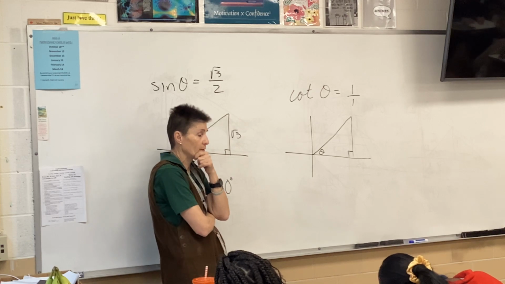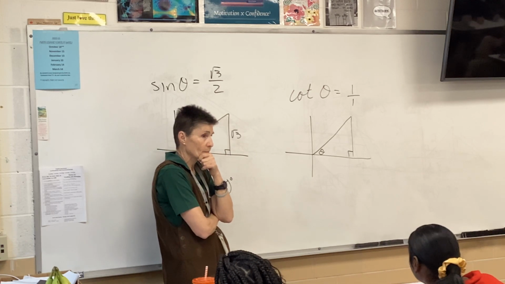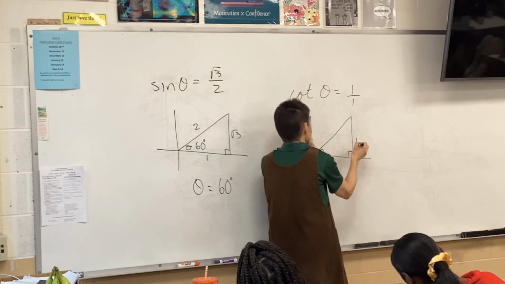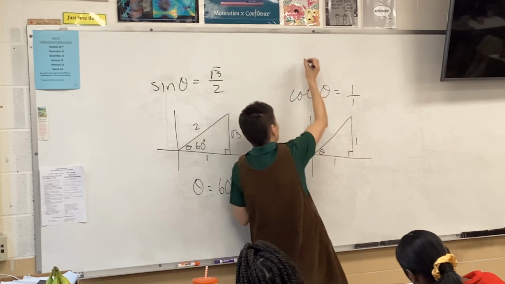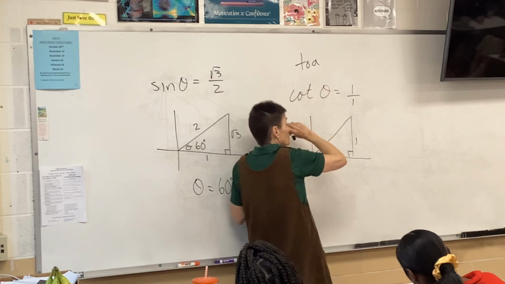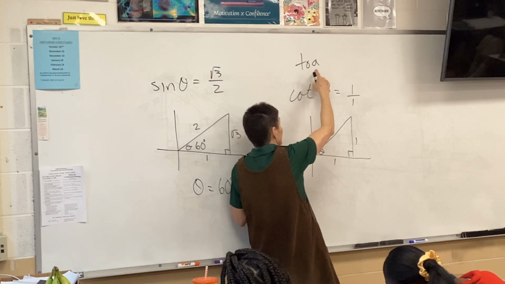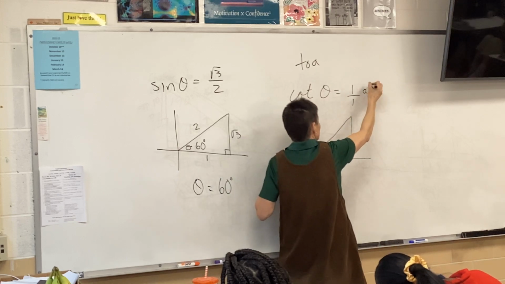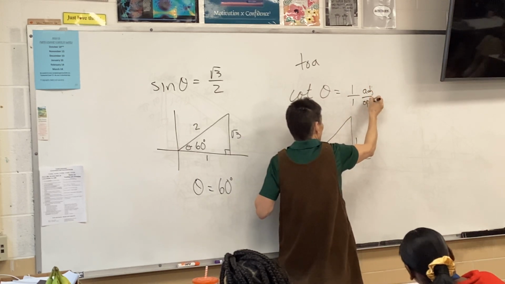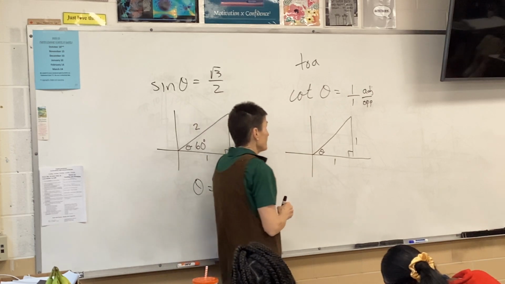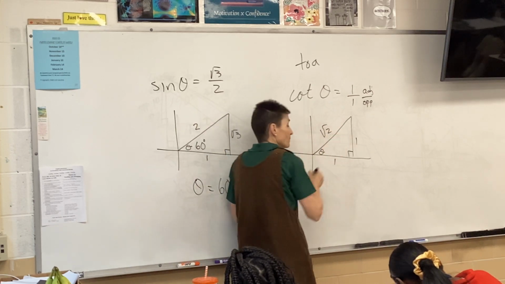The 1 and the 1 are adjacent and hypotenuse. Remember, this is the reciprocal of tangent, and tangent is opposite over adjacent, so this guy is adjacent over opposite. Not that it matters, but this side would be √2.